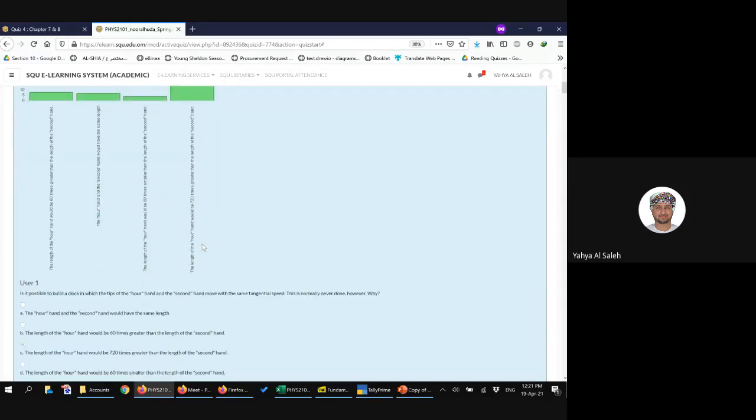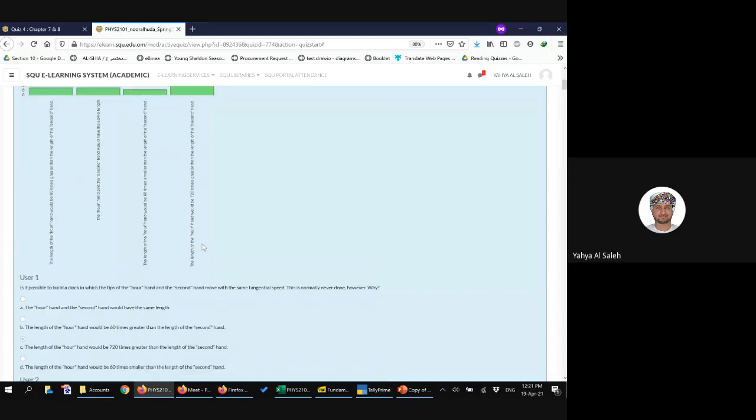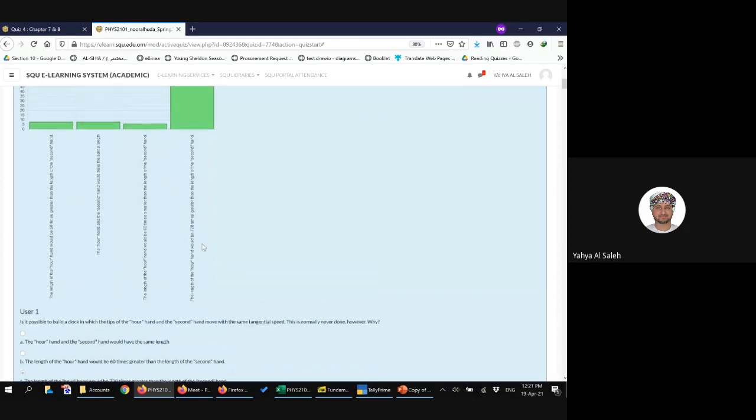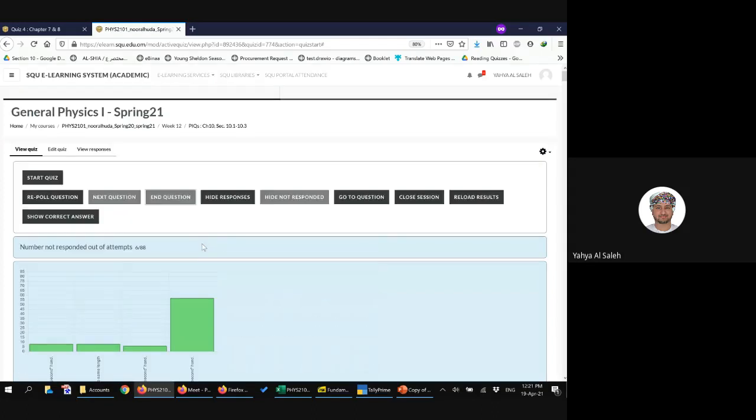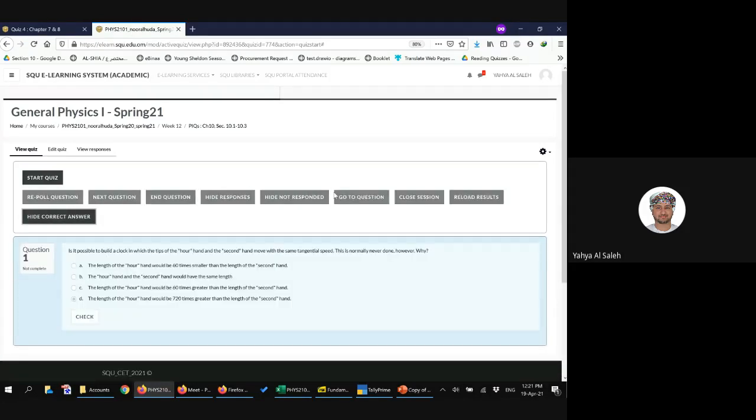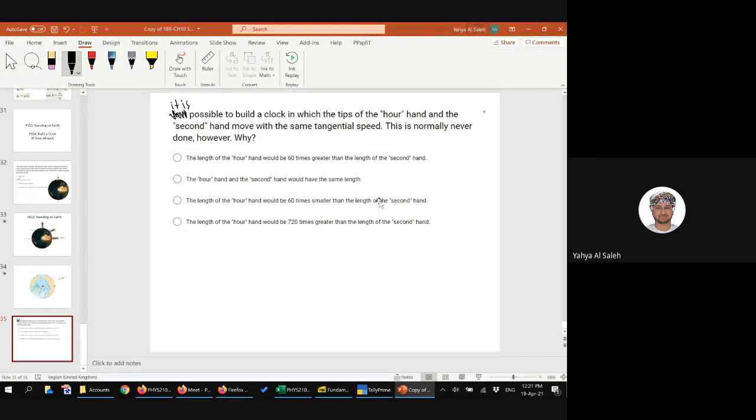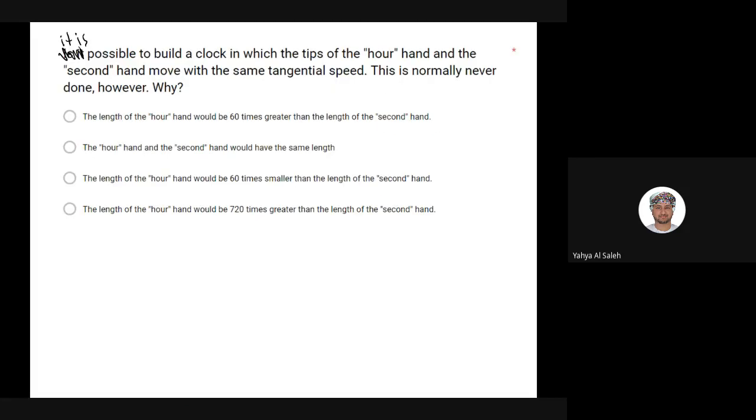Most people said the length of the hour hand would be 720 times greater than the length of the second hand. And that is indeed correct. Now, remember, the hour hand moves one full rotation in an hour, in 60 minutes, in 3,600 seconds.